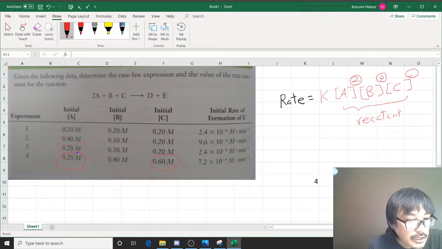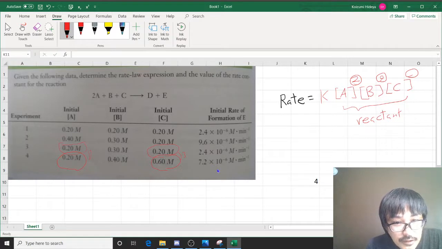The concentration of A didn't change, but the concentration of C changed by 3 times. And the rate also changed by 3 times. So from condition 3 to condition 4, the rate increased 3 times by increasing the concentration of C by 3 times, while other things stayed consistent.